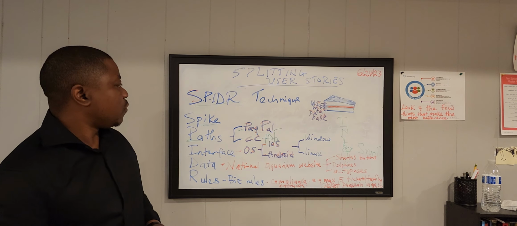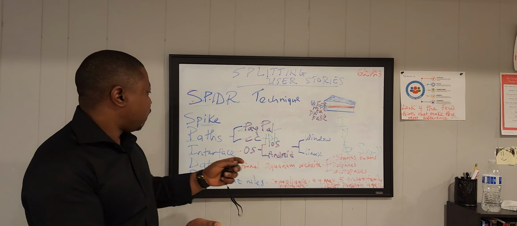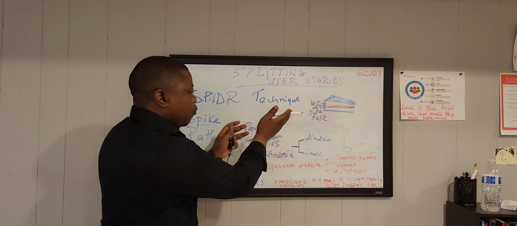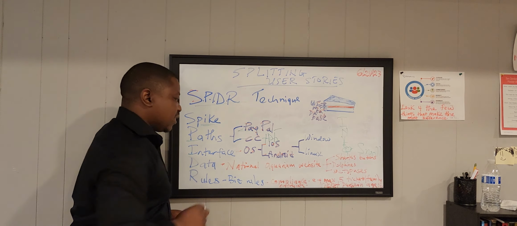Same thing. So this is just how you can split a story following two paths. Either payment goes through PayPal or payment goes through credit card of interface.